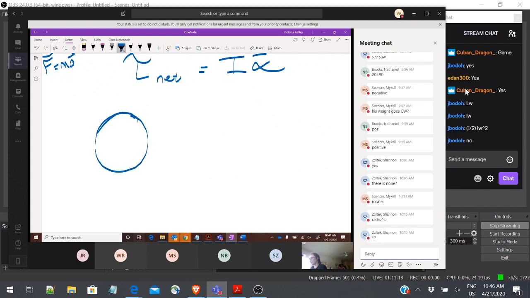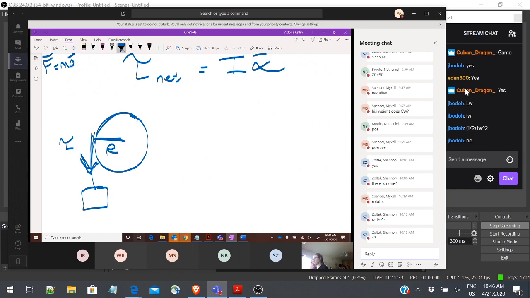If we think about that pulley, there is a torque on that pulley because there is a force of this weight pulling down at this radius r.